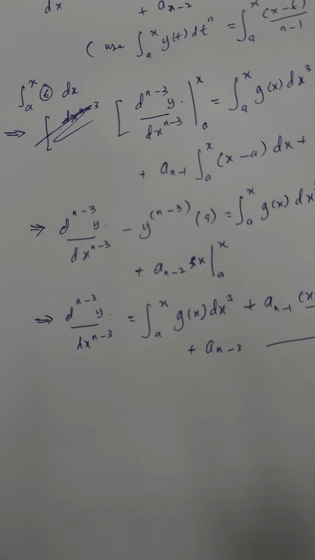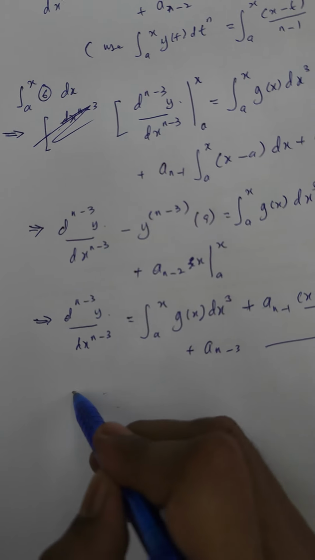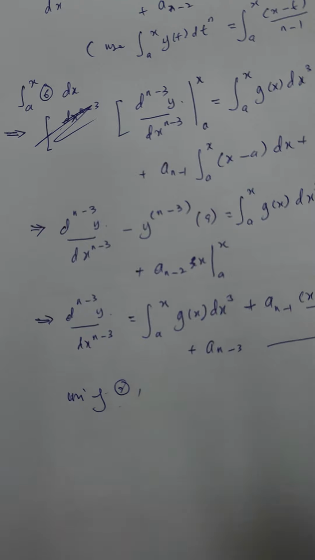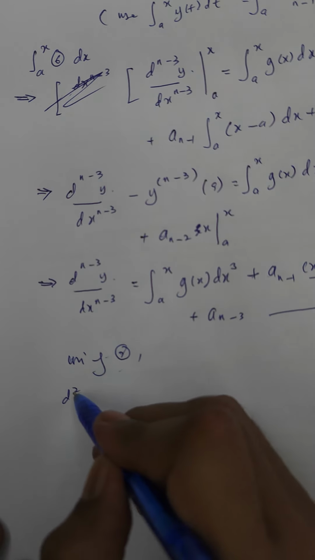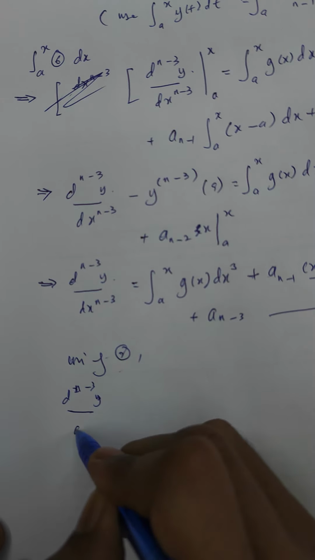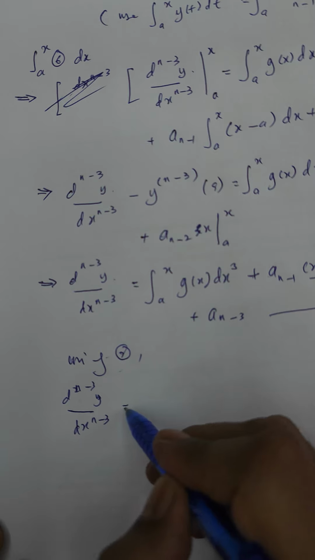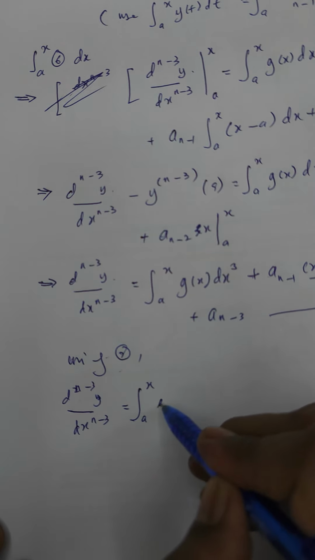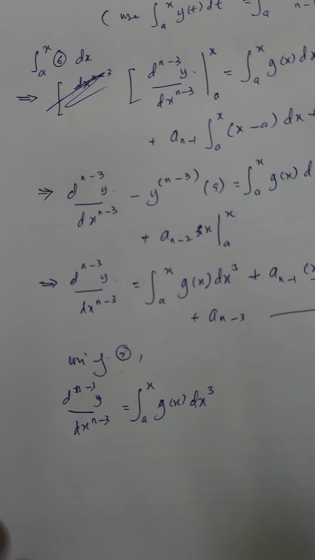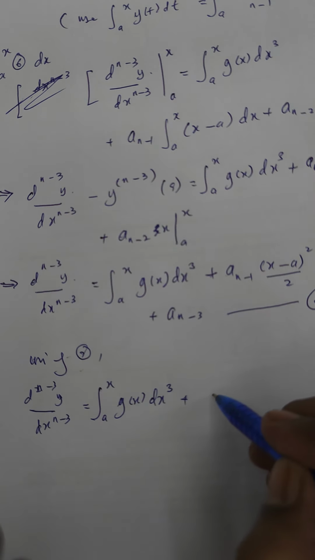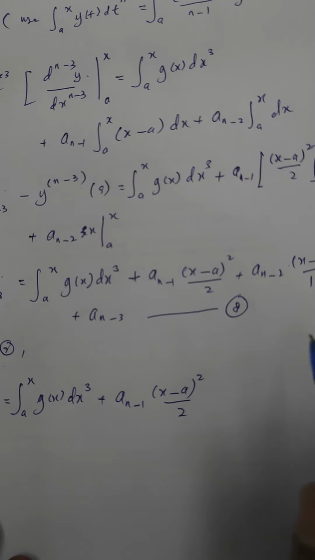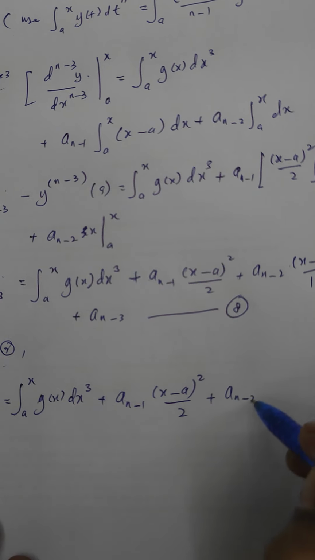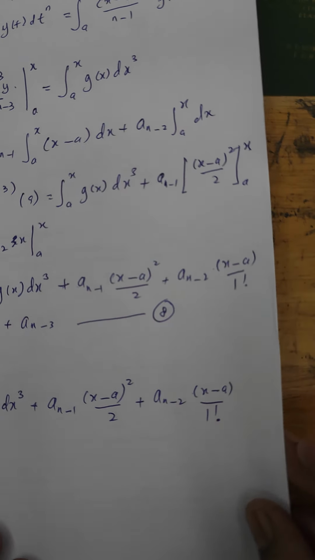And then we use the appropriate condition. Then we have, using condition 2 again, appropriately, d^(n-3)y/dx^(n-3) equal to the integral from a to x of g(x) dx cubed plus a_(n-1)(x minus a) squared over 2 plus a_(n-2)(x minus a) over 1 factorial plus a_(n-3).